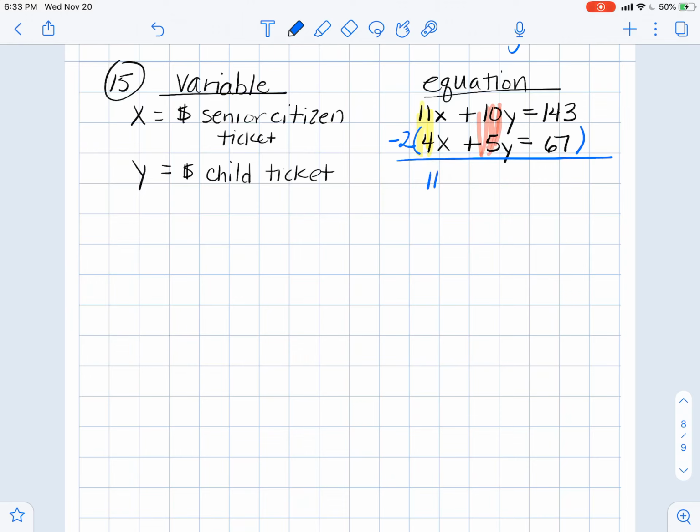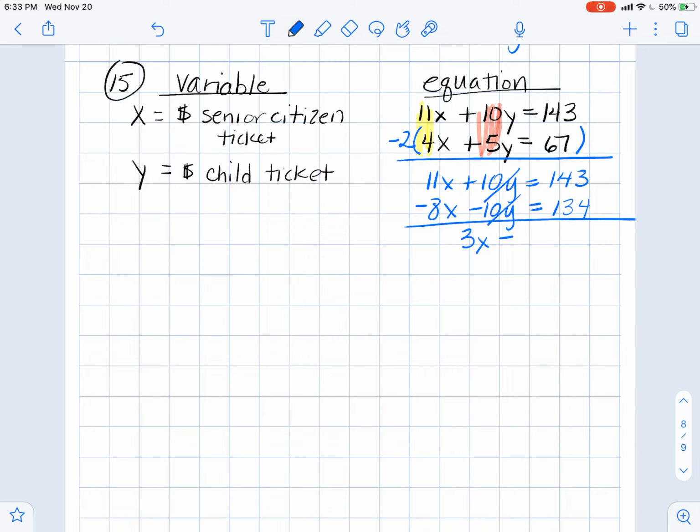So I'm going to rewrite my equations. And I'm going to distribute on the second one. So that gives me a negative 8x minus 10y equals 134. Again, check my math. When I add down, 11 minus 8 is just 3.